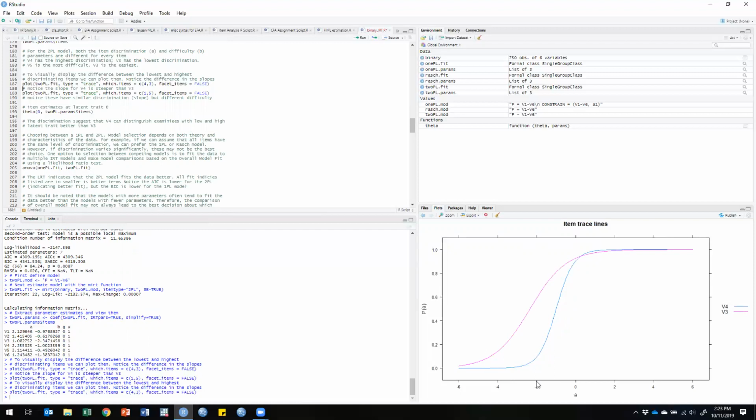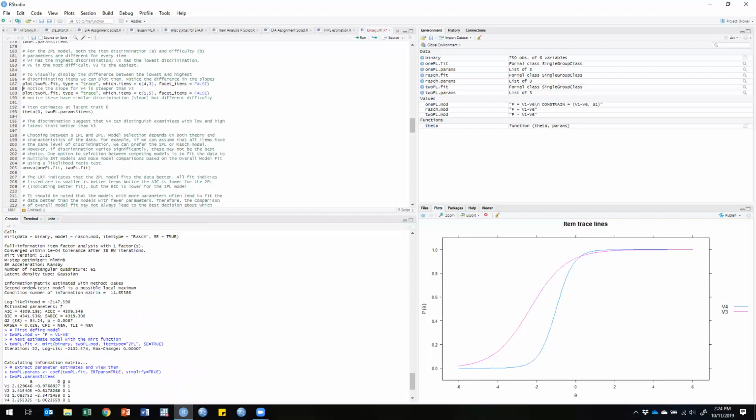It has a steeper slope, so it does a better job of discriminating between those with a high ability level and those with a lower ability level than item 3, whose slope isn't quite as steep. Notice that item 3 runs up closer to the asymptote quicker than item 4 does. That's what that's telling you.